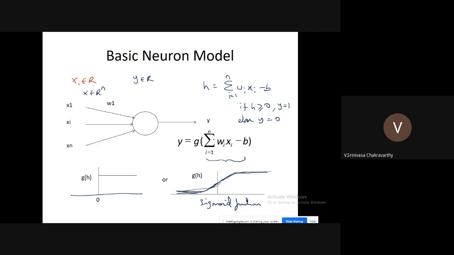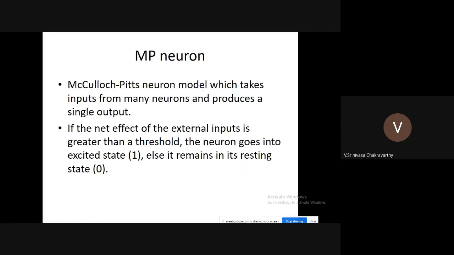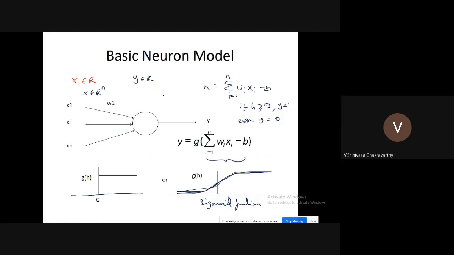So this is a basic neuron model, which is also called the McCullough-Pitts neuron model. So this neuron stays in two states: an up state or a down state, or active state or resting state. And active state, or excited state, is 1, and the resting state is 0.